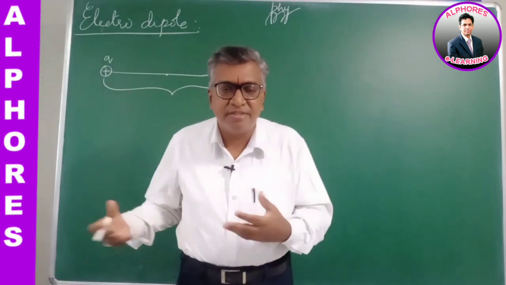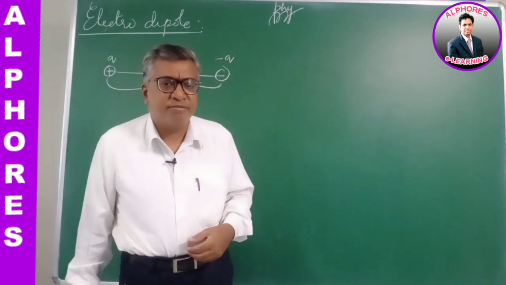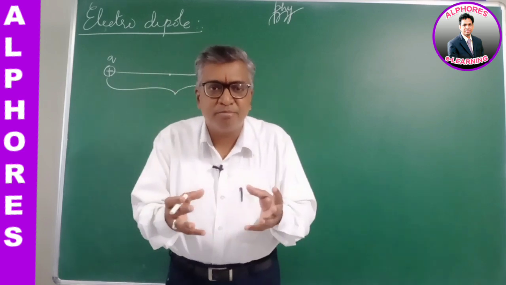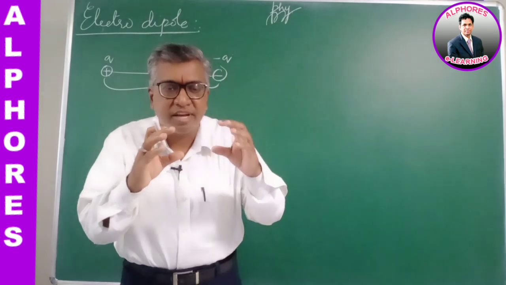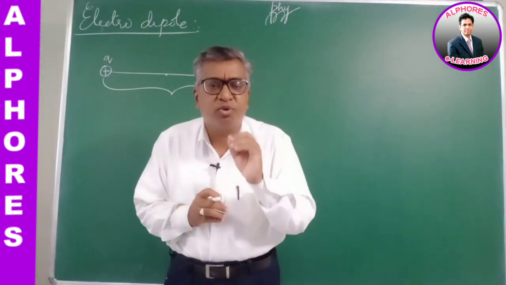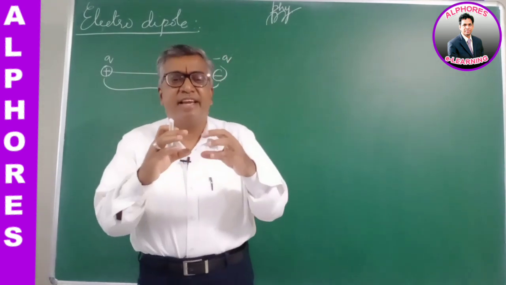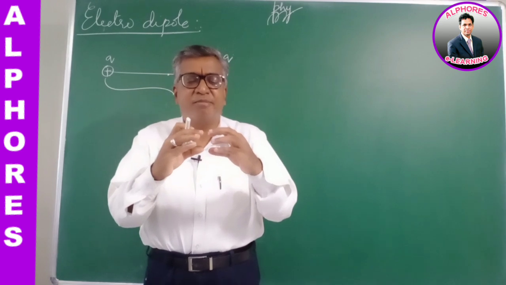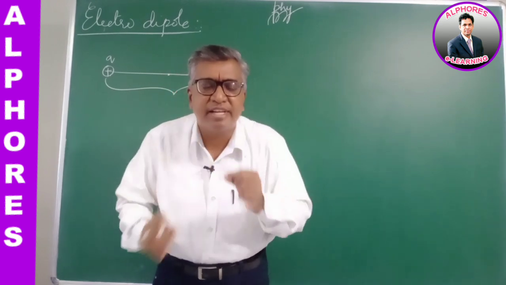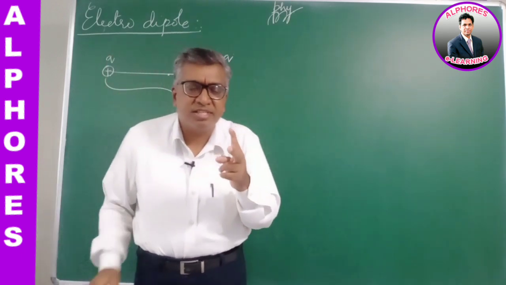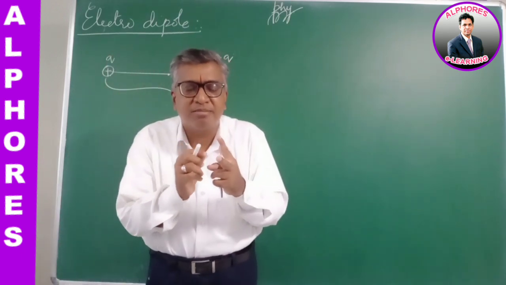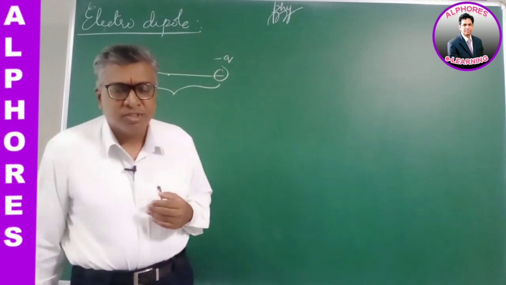In nature, regarding the physical significance, we find some molecules with positive charge and negative charge. Let's say sodium chloride, Na plus and Cl minus, separated by some distance, they act as a small tiny dipole. Water molecule, H2O, with two hydrogen atoms and one oxygen separated by some distance, behaves as a dipole.